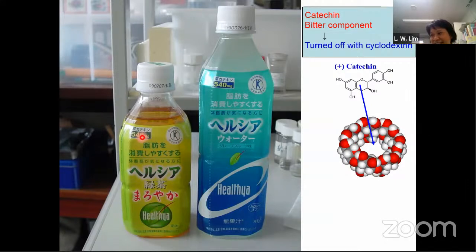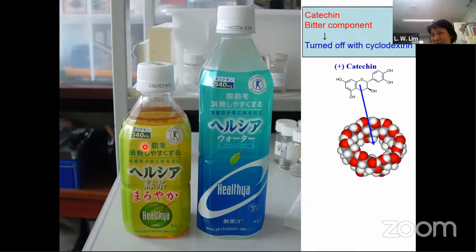If you look at the catechin, here it is 540 milligrams. Maybe you think a milligram is not so much, but if the catechin is so high, it is so bitter we cannot drink it.